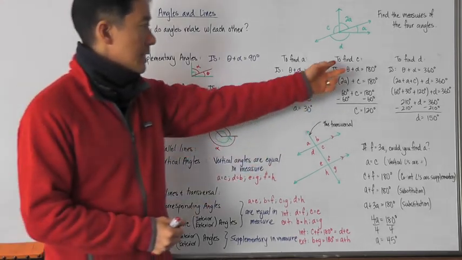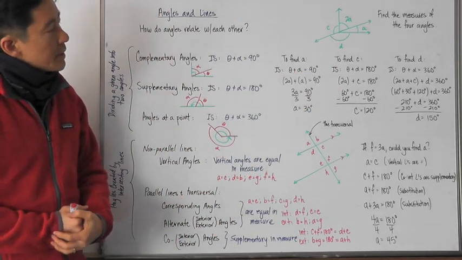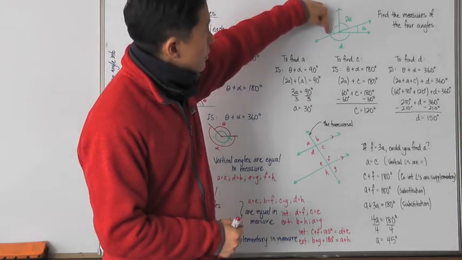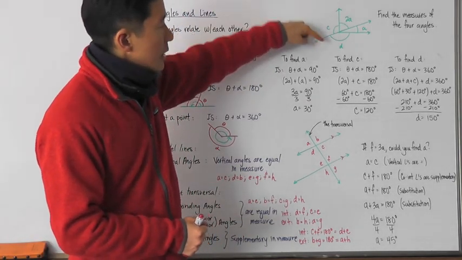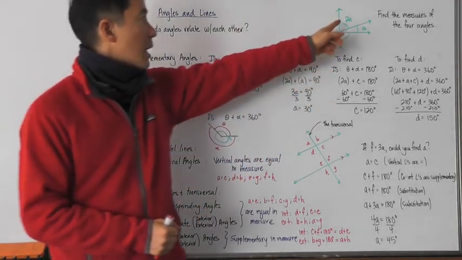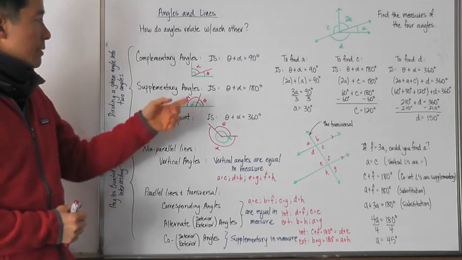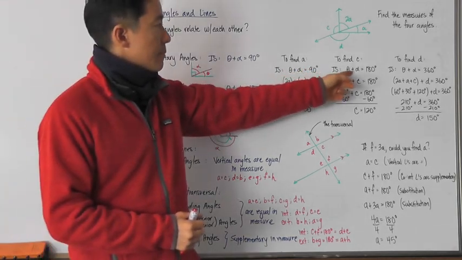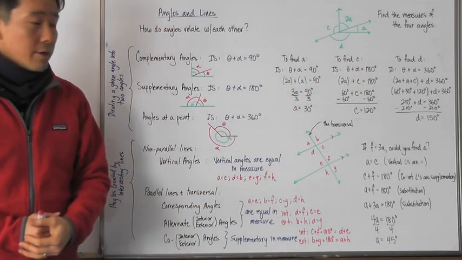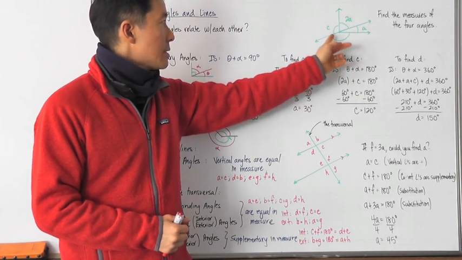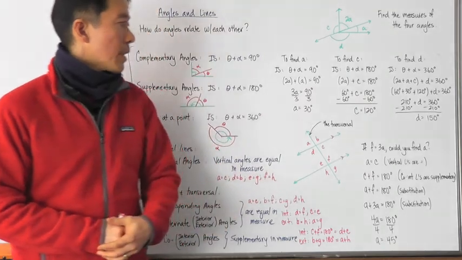Now, in order to find C, if I take a look at C, C involves this angle here and that angle there, which form a straight angle. Therefore, I can say that 2A and C are supplementary, which means mathematically that theta plus alpha is equal to 180 degrees, where theta is going to be 2A in this case, and C is going to be alpha.